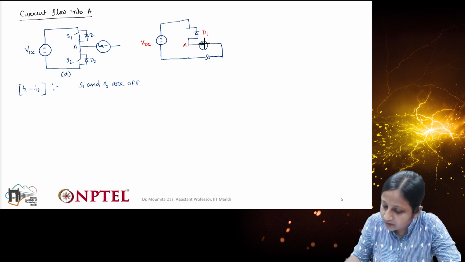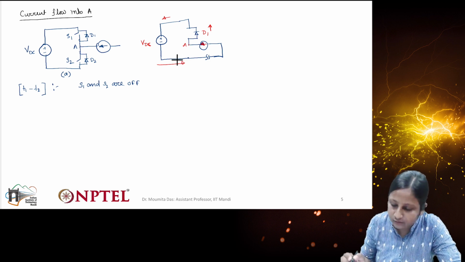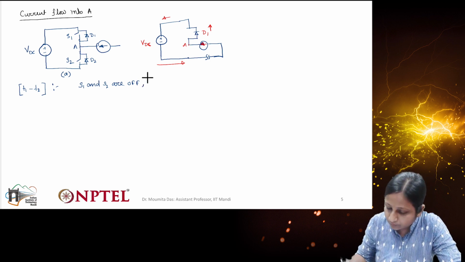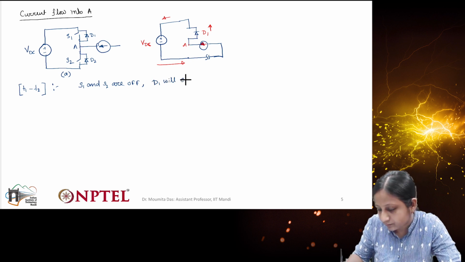So the current flow path is like this, through D1 and VDC, and then it returns like this. So during T1 to T2, in this duration, D1 will conduct.